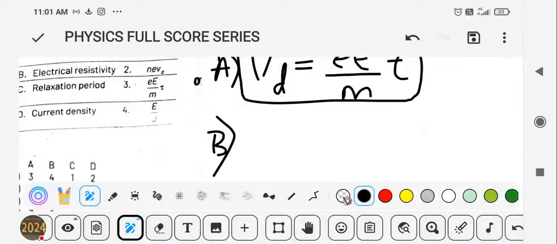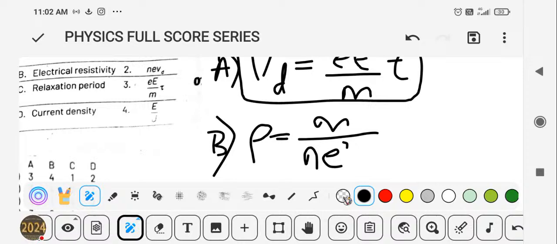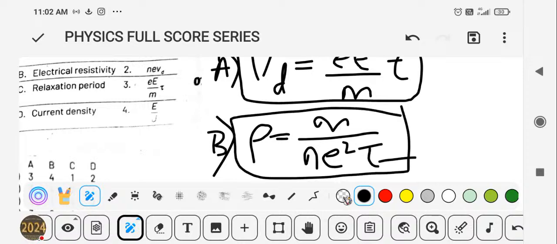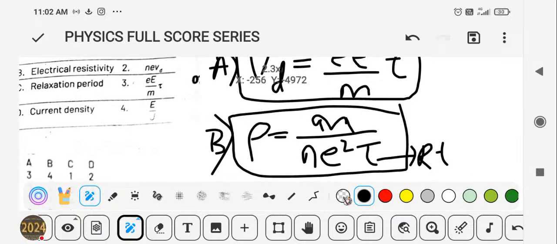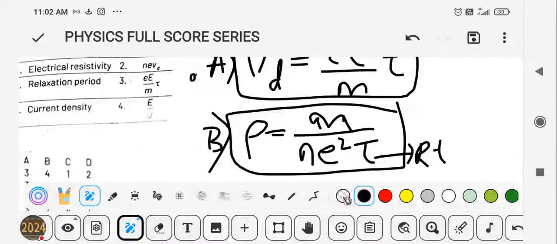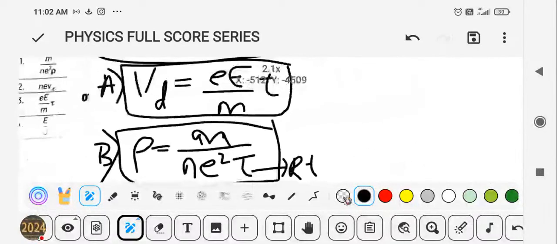What is the formula? Electrical resistivity rho is equal to m by n e square tau, where tau is the relaxation time and m is the mass.